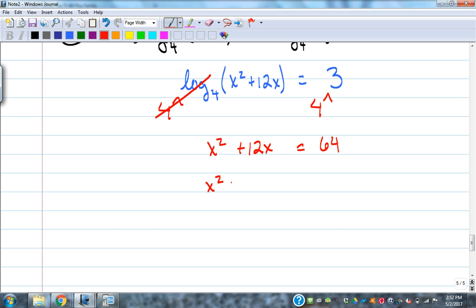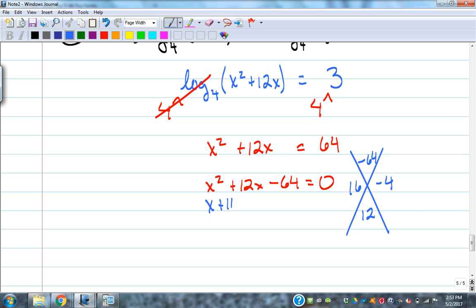And get it equal to 0. Try to factor it if possible. If I can't factor that, what's my other option? Quadratic form. We've done that. All that stuff is still in play. But I think this one factors. It'd be -8, -4. No. It'd be 16 and 4, -4.